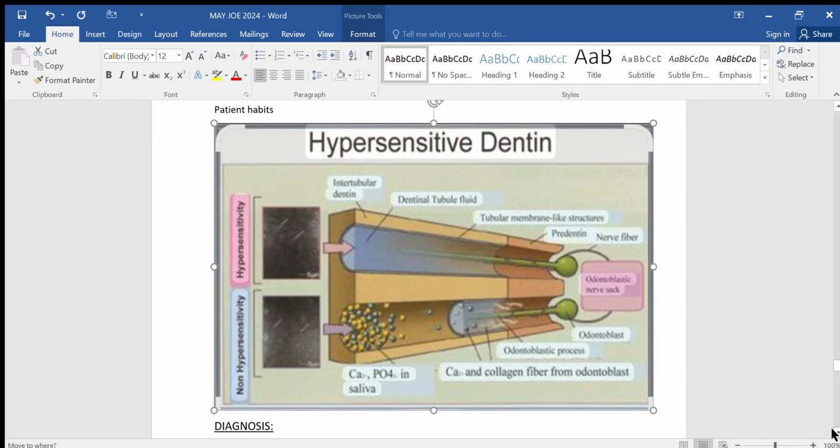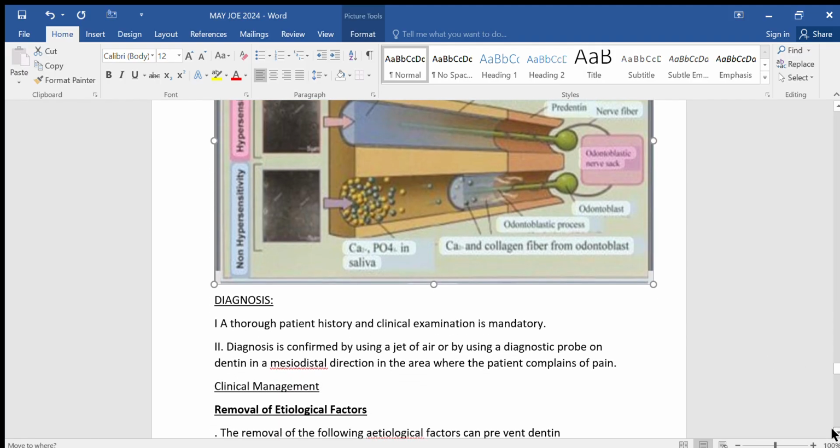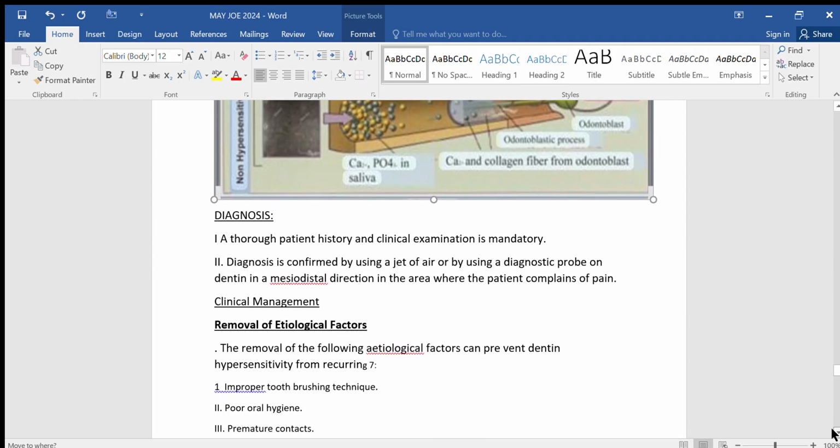Now whenever you encounter a patient with a complaint of dentin hypersensitivity, you have to take a thorough patient history, and clinical examination is mandatory. In history, what will you do? You will determine the nature of the sensitivity, enlist the dietary factors, and inquire about his or her brushing technique.